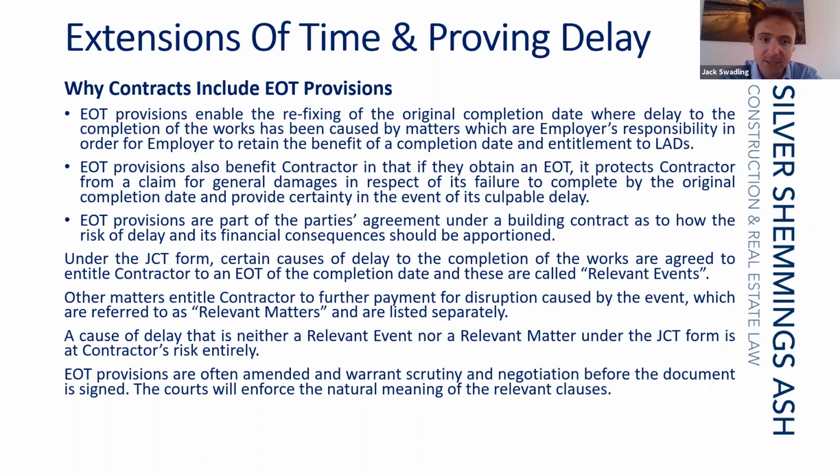Other matters that entitle the contractor to further payment for disruption caused by the event are referred to as relevant matters, and they're listed separately in the contract. Now, under the JCT, it's a principle that if an event is neither a relevant event nor a relevant matter, then it will be at the contractor's risk entirely.